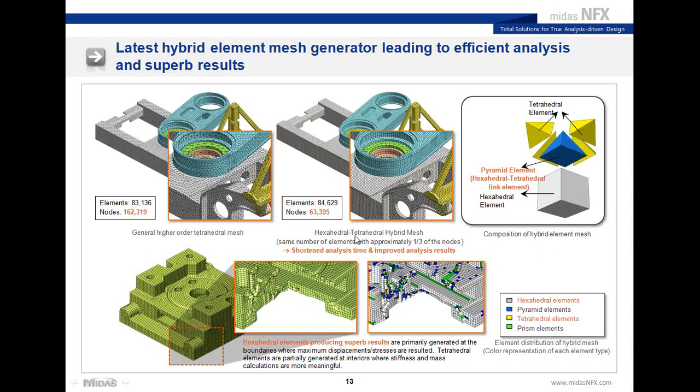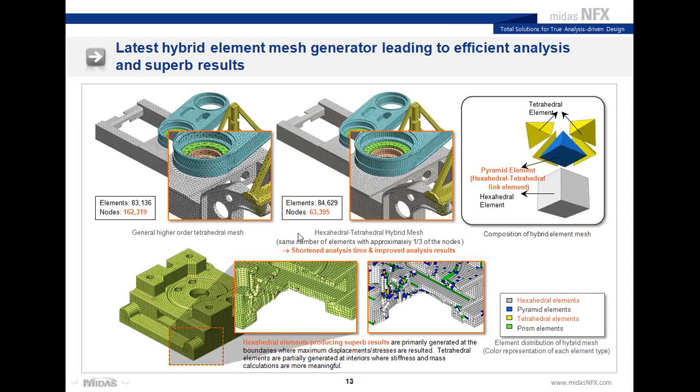So talking about the hybrid mesh, as I mentioned before, hybrid mesh utilizes 3 types of elements: the tetra, hexa, and the pyramid elements. They're also known as the link elements because they link the tetra and the hexa elements together.